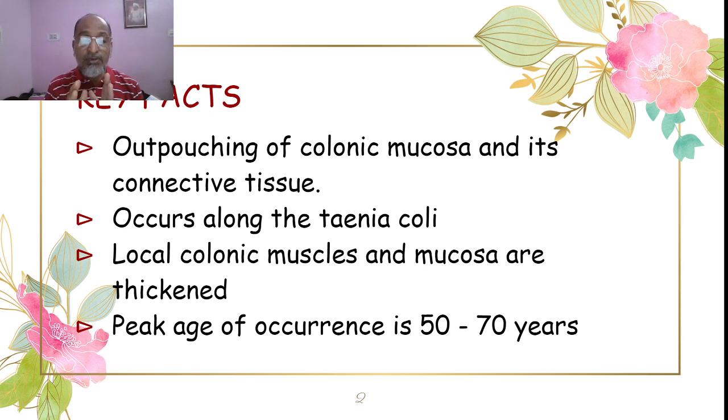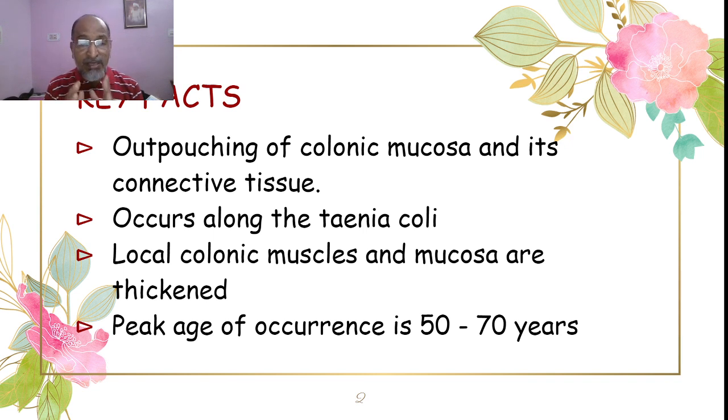Now, what happens? The local colonic muscle and the mucosa, because of a mechanical irritation, becomes thickened. Anywhere in the body, nature tries to limit or localize the problem, and in doing so, the muscles become thickened, the mucosa becomes thickened, and maybe a little bit of fibrosis occurs.